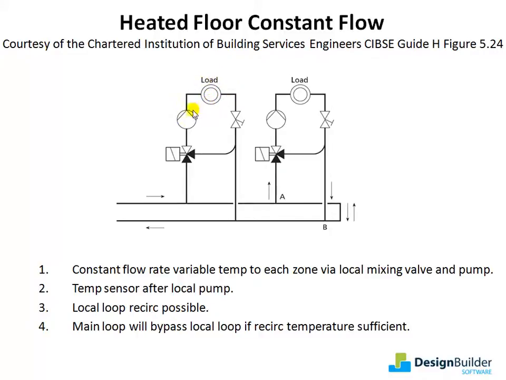A pump is included in the secondary circuits, and the temperature sensor controlling the flow temperature from the 3-port valve is located after the local pump to ensure that the correct heated floor inlet temperature is used, accounting for any temperature variation across the pump.